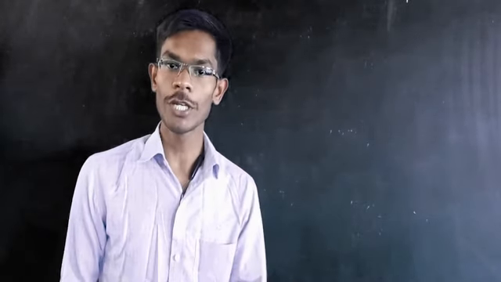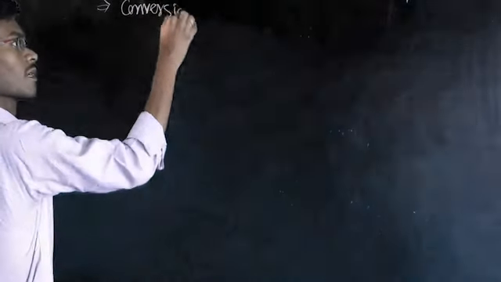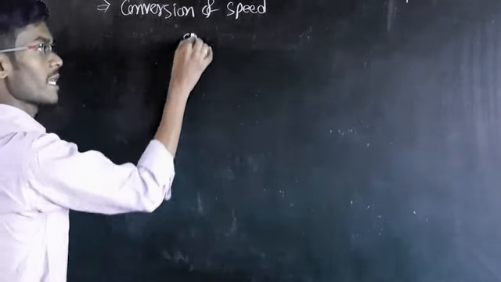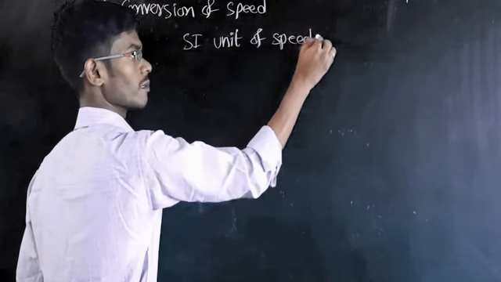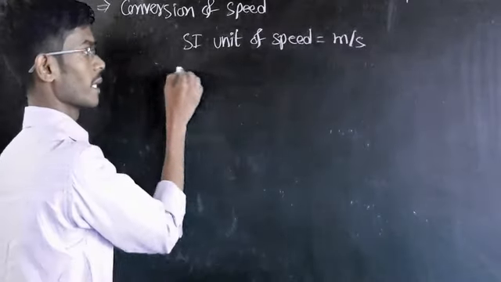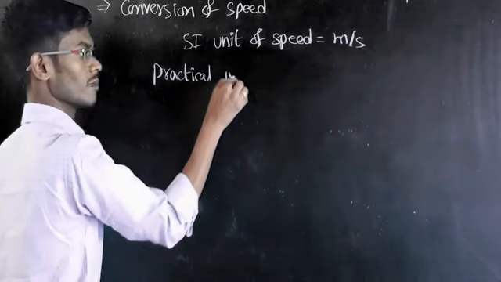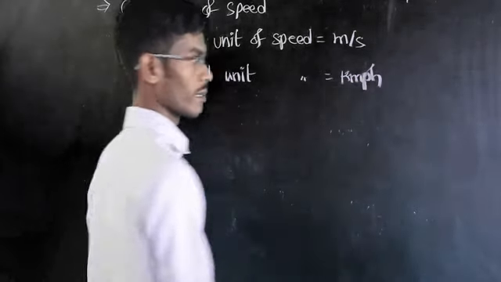Then how can we convert meter per second into kilometer per hour and kilometer per hour into meter per second? So here, the conversion of speed. The SI unit of speed is meter per second, and the practical unit is kilometer per hour.